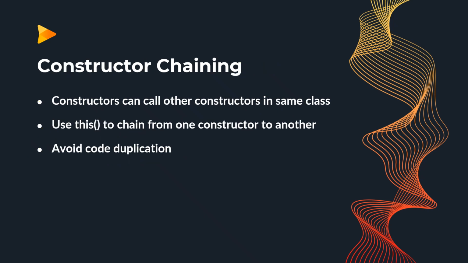Now constructor chaining. What is constructor chaining? A constructor can call another constructor in the same class. One constructor can call another constructor like this. This is our first constructor, and it will call another constructor, and that will call another constructor. This type of pattern will be created, and this is known as constructor chaining. For that we use the this method in Java.